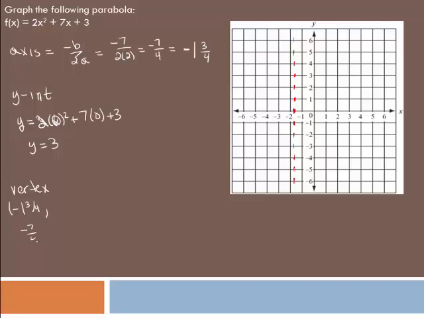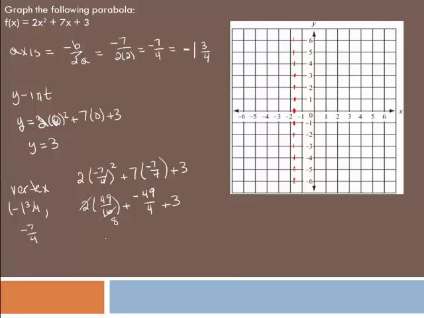Or I'm going to use negative 7/4 to plug in. I'm going to have 2 times negative 7/4 squared plus 7 times negative 7/4 plus 3. So that's going to be 2 times 49/16 plus negative 49/4 plus 3.